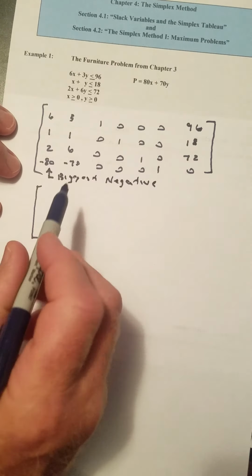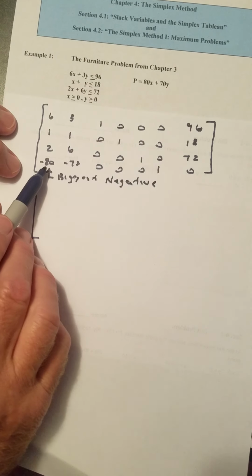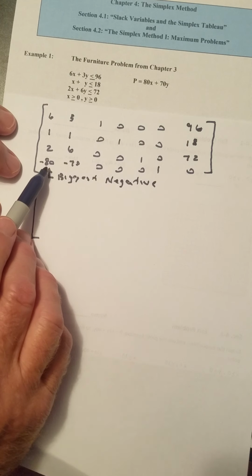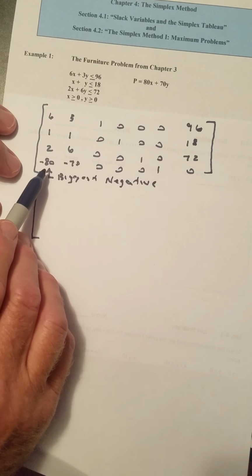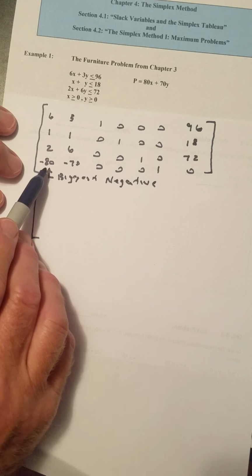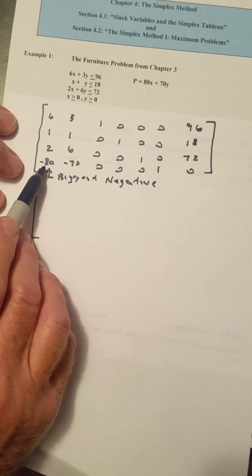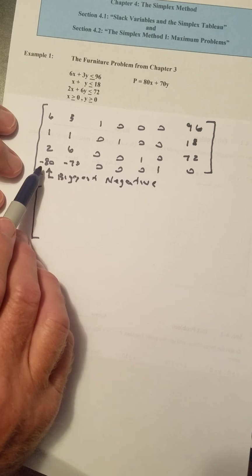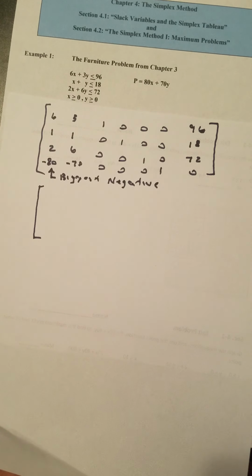On the bottom row, negative 80 is the number. On a number line, negative 80 is not bigger than negative 70, it's actually less than. But I like to think of it as more negative than the other one.